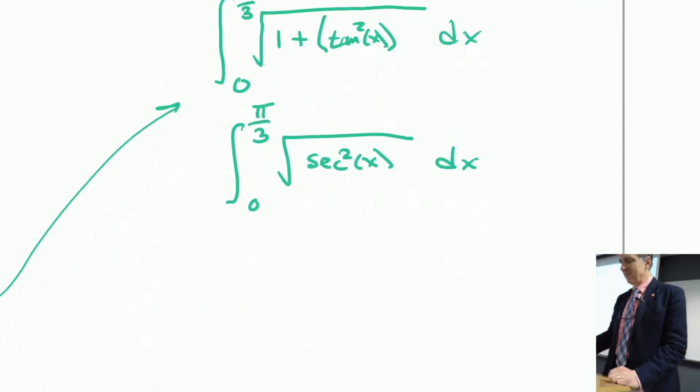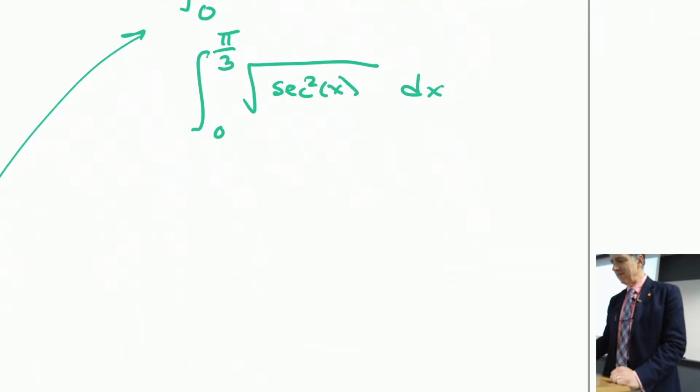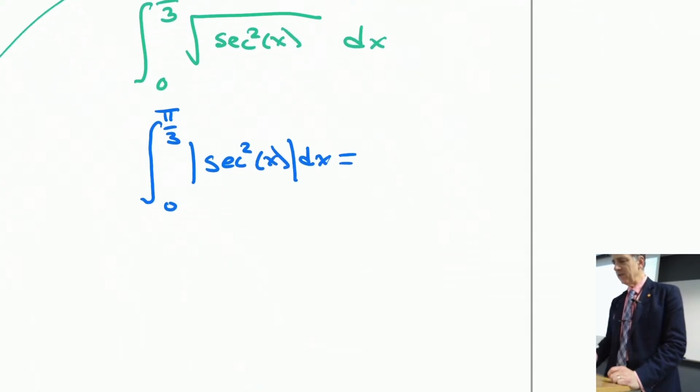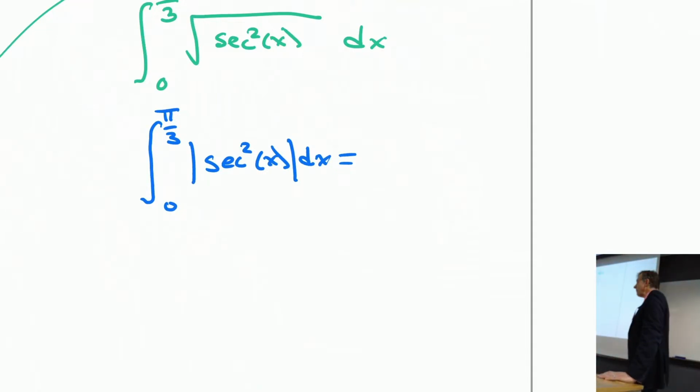And then the square root of secant squared is the absolute value of secant, but for this range of values, the secant is always positive. So we're just going to go with this as this. Technically, when you square something and then you take the square root, you get the absolute value of that thing that you squared.